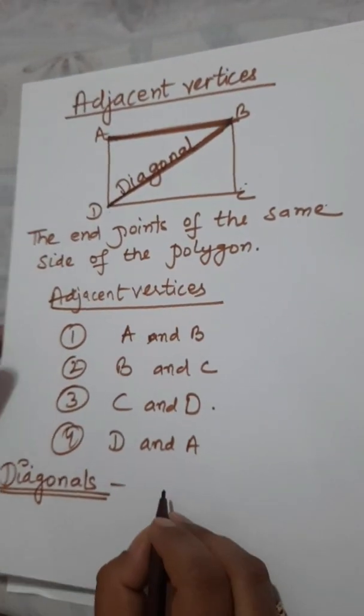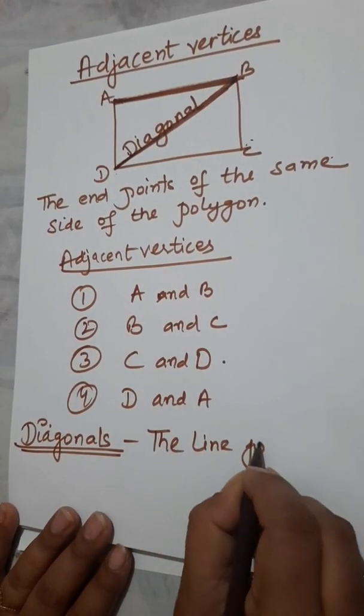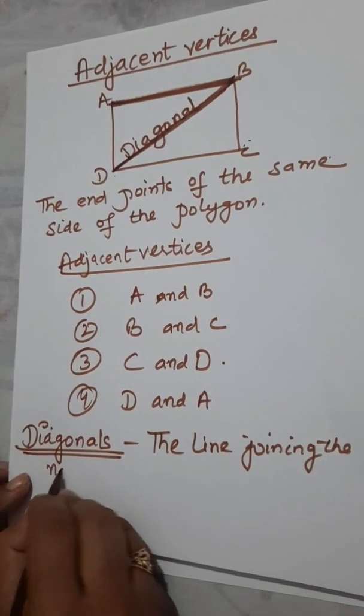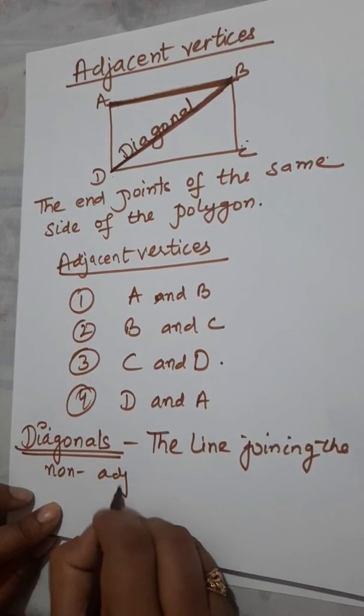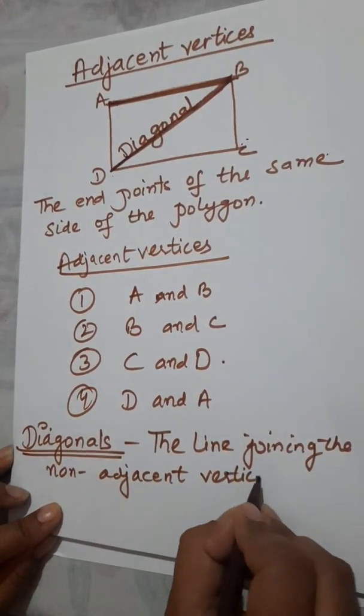So I will write the line joining the non-adjacent vertices.